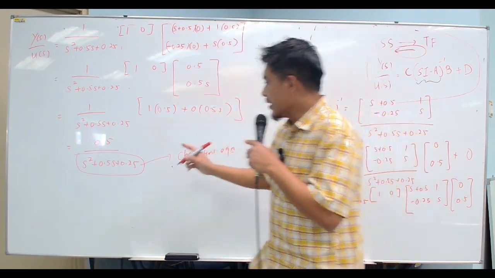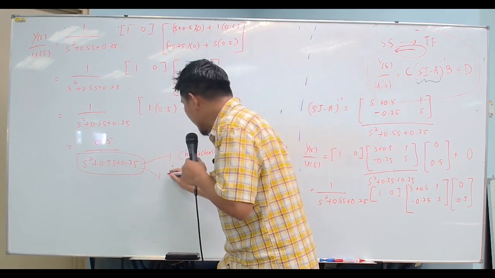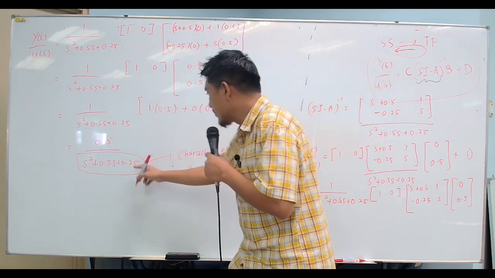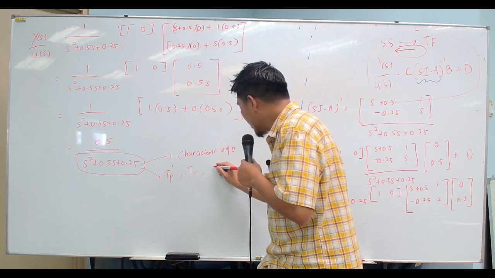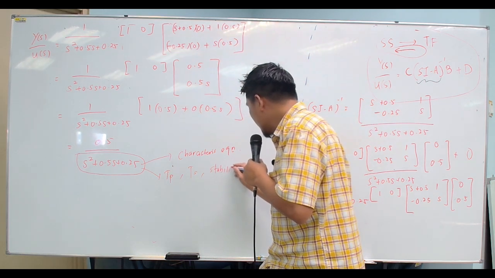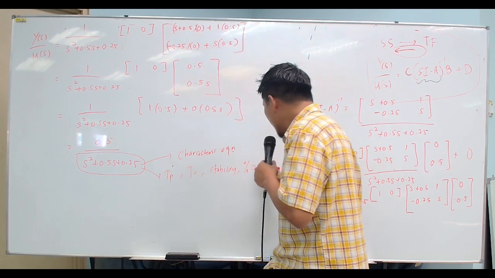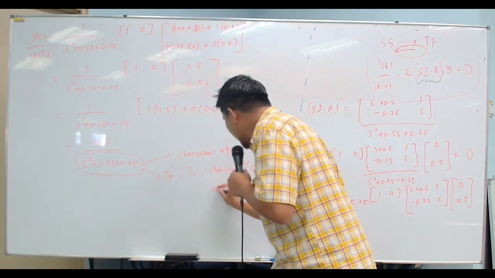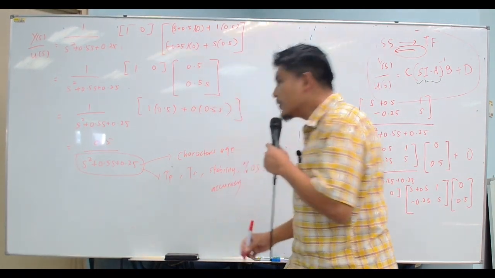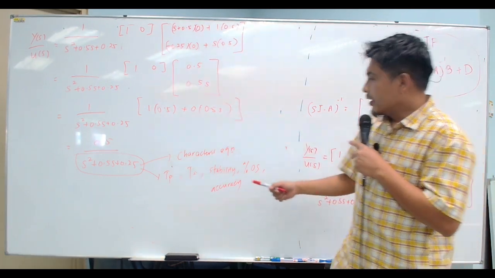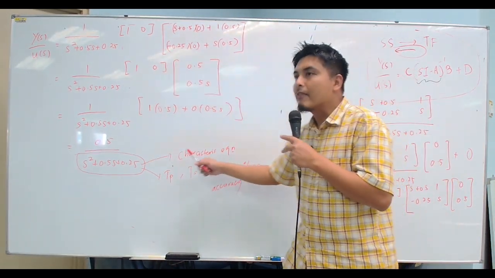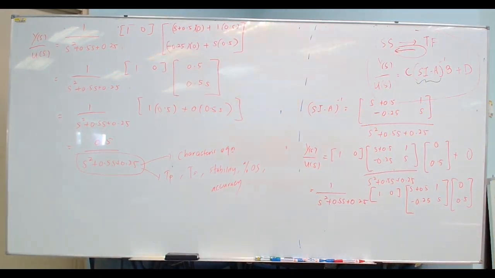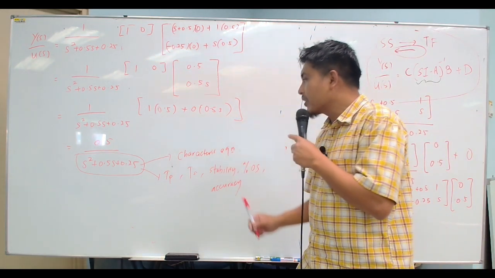In this case, you can check the peak time, the settling time, the stability, the percentage overshoot, and so on. Everything depends on this, including the accuracy. So normally, when you learn control, this is what you will analyze: is the system good or not, based on the characteristic equation.